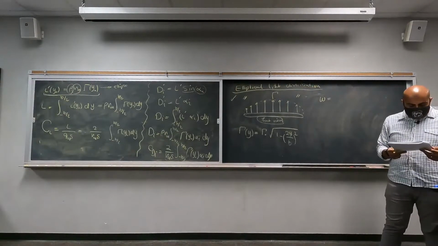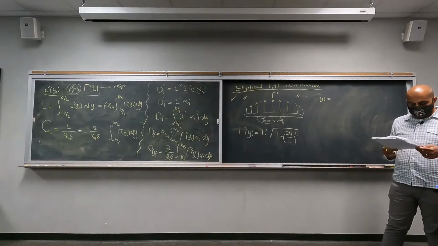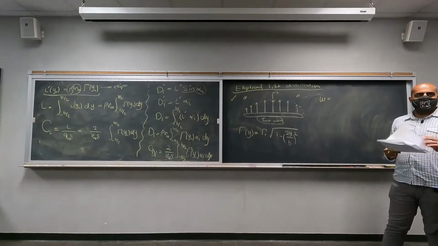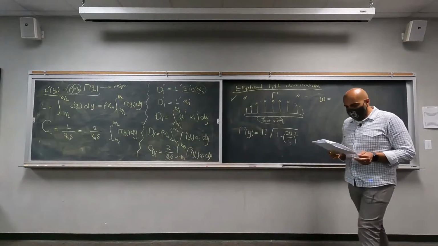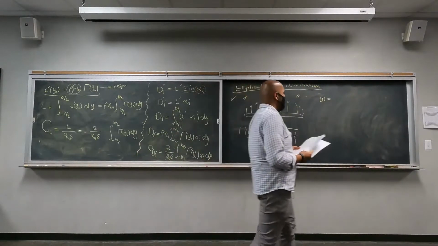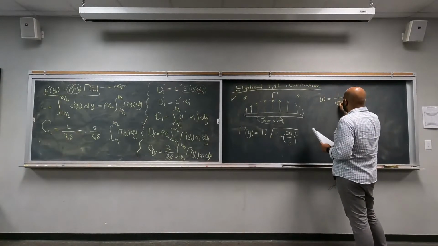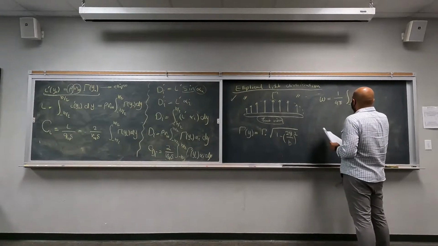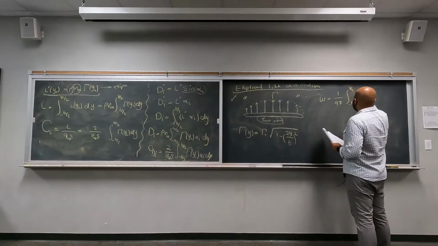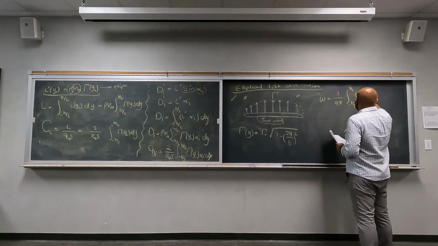Who can tell me what the equation for induced velocity, W, was? That's 1 over 4 pi, integral from negative b over 2 to b over 2, right? Y minus phi.